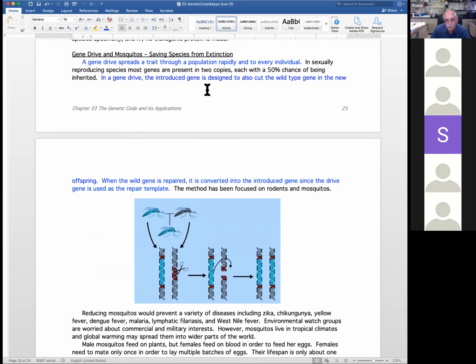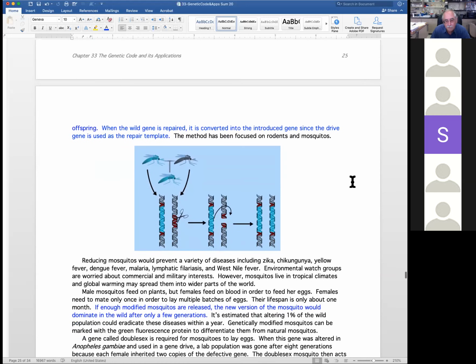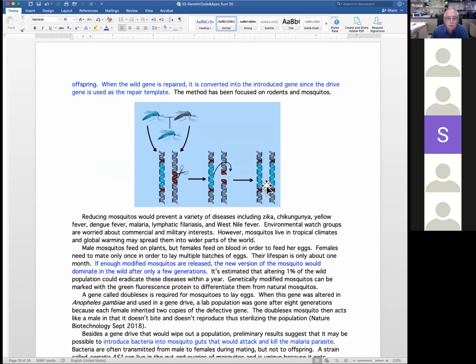You introduce a gene that's designed to also cut the other gene in the new offspring. So when the wild gene is repaired, it gets converted into the new gene because that gene is used as the repair template. Okay?